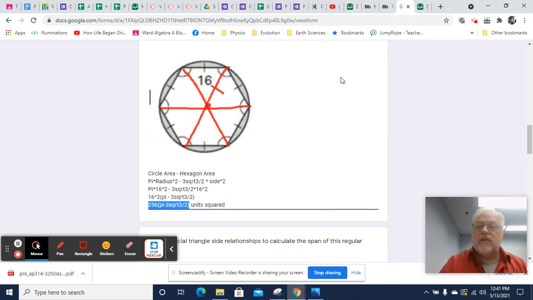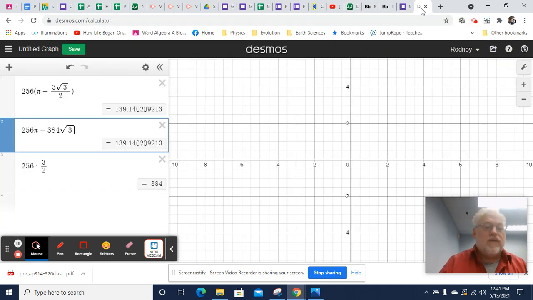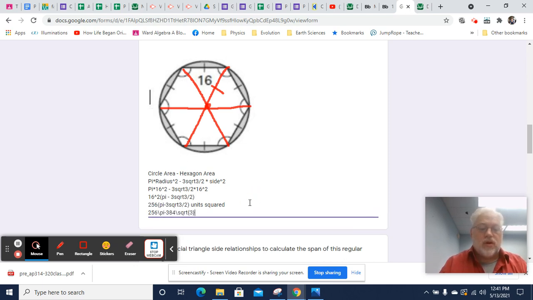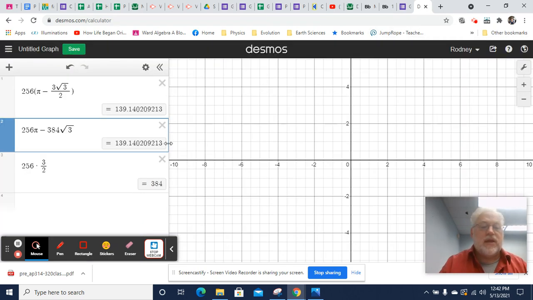Okay, so that's going to end up being, once again, 256 pi minus 384 square root of 3 units squared. And of course, when we were in Desmos, it did give us an estimated answer, 139.14.